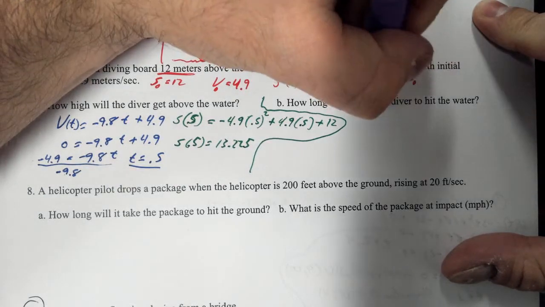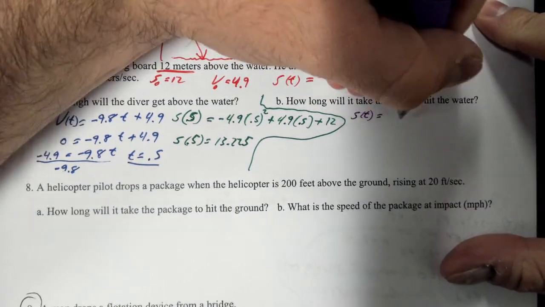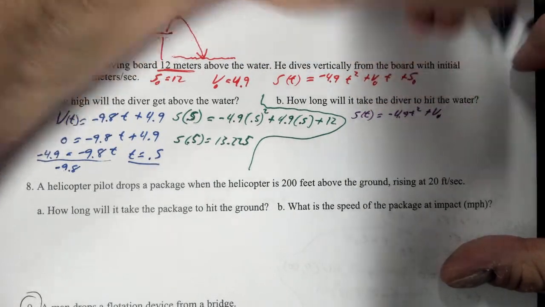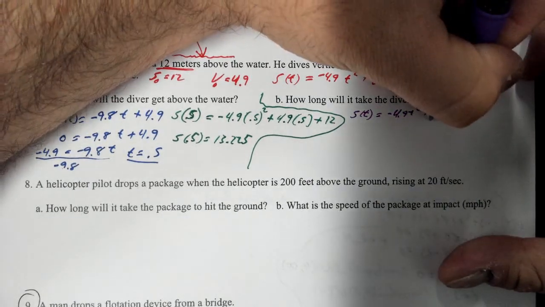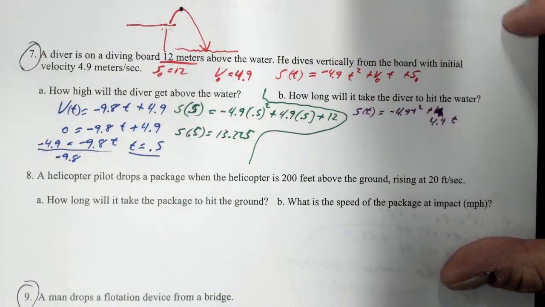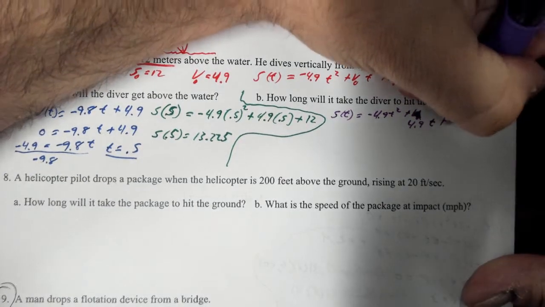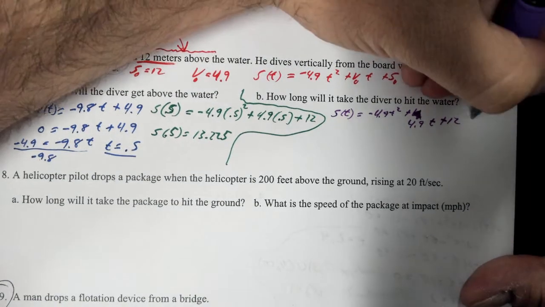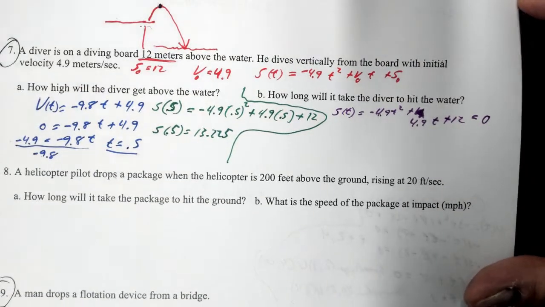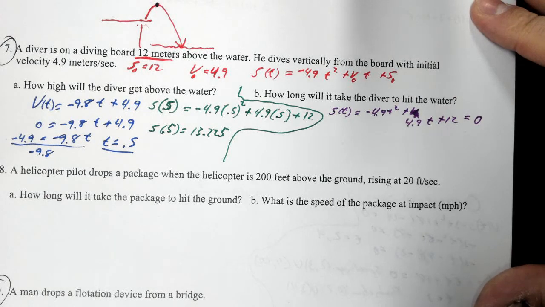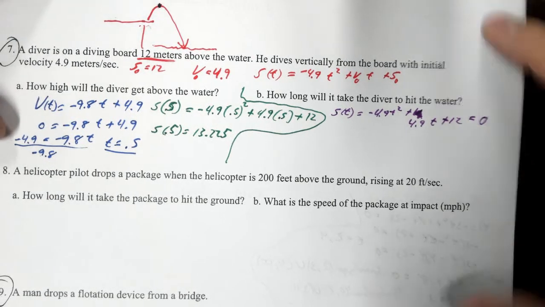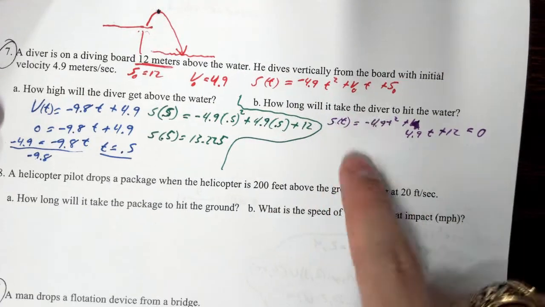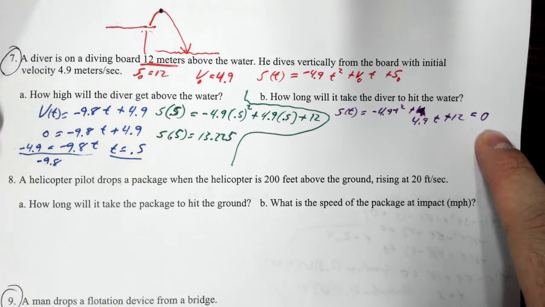So we're going to take our position equation, S of t, which is negative 4.9 t squared plus 4.9 t plus 12, and we're going to set it equal to 0. We need to know the time, how long. How long refers to time. We want to know the time at which we hit our position of being 0.